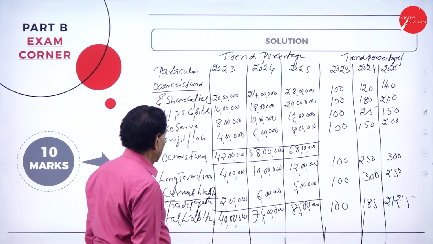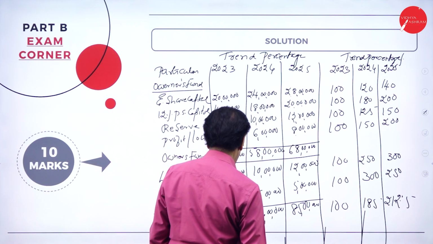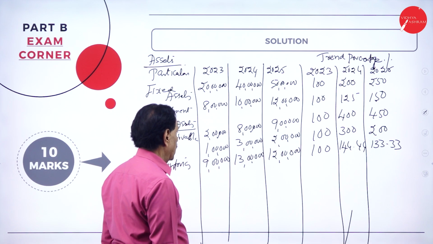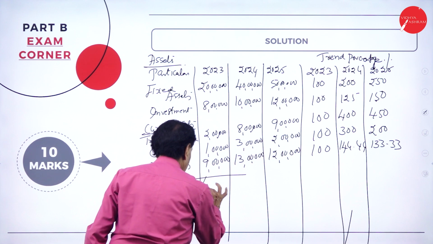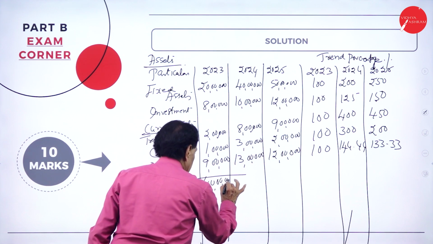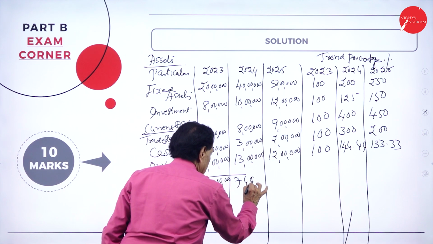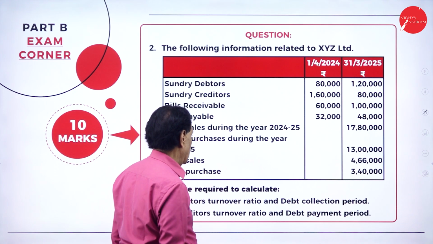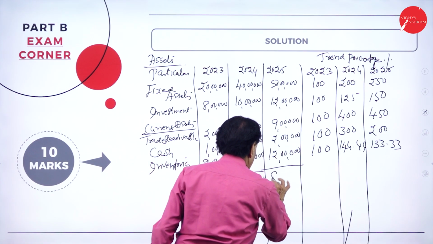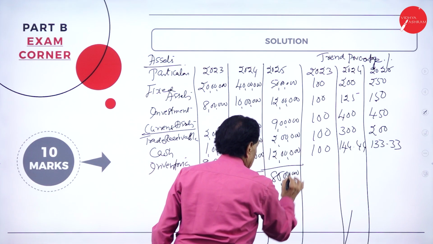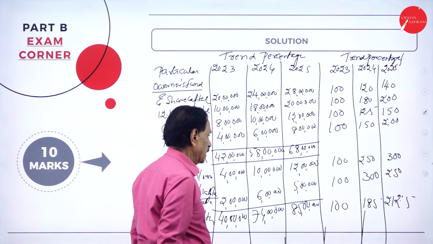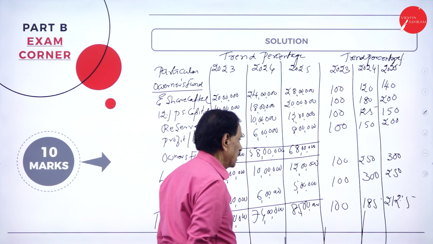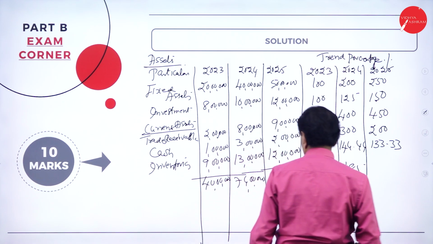Same for the total: 42 lakh, 40 lakh, 74 lakh, 85 lakh, which is 100, 185, 212.5.